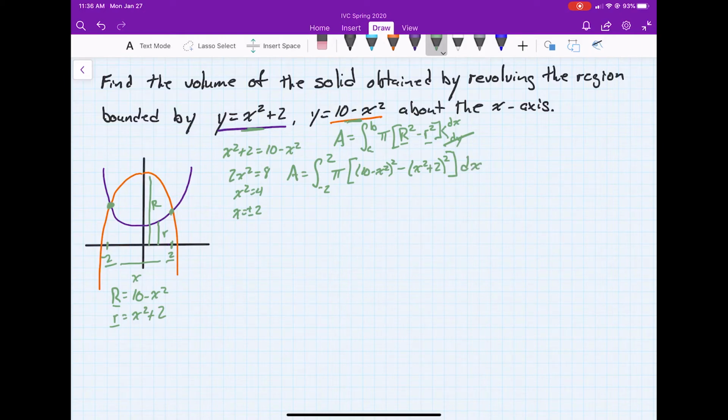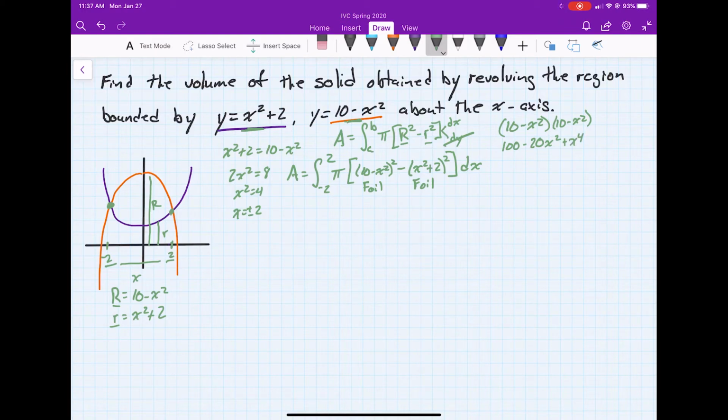Now to do this, we need to FOIL both of these guys. So off to the side, I'm just gonna FOIL them out for you. Do them really quick here. 10 minus x squared, so 10 times 10 is 100, and this is going to end up being minus 20x squared, and then plus x to the fourth.